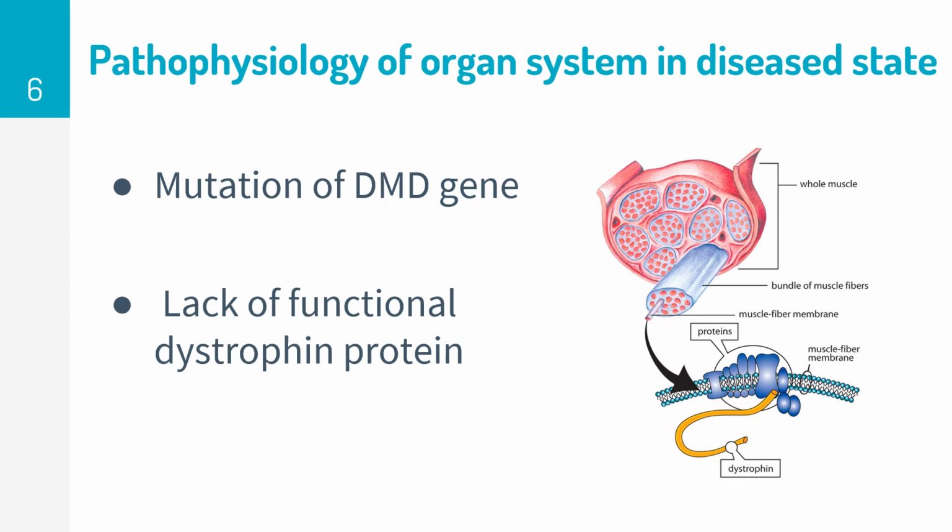And this leads to the formation of fibrous tissue within the muscles. That relates back to the images of those enlarged calves. We see those contractures occur because that fibrous tissue builds up in place of the muscle.